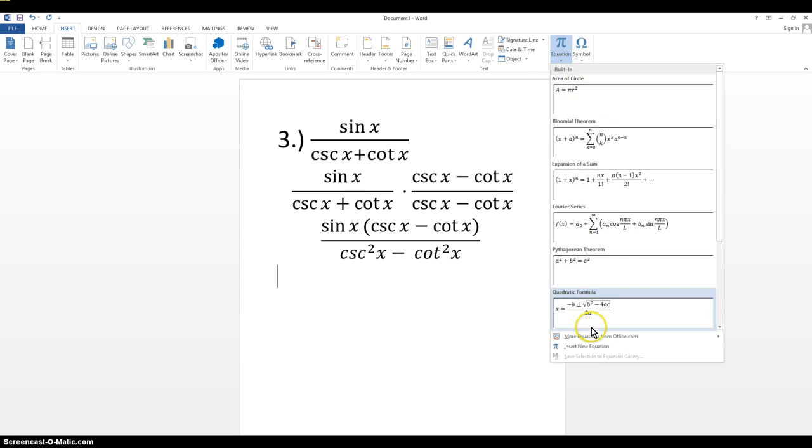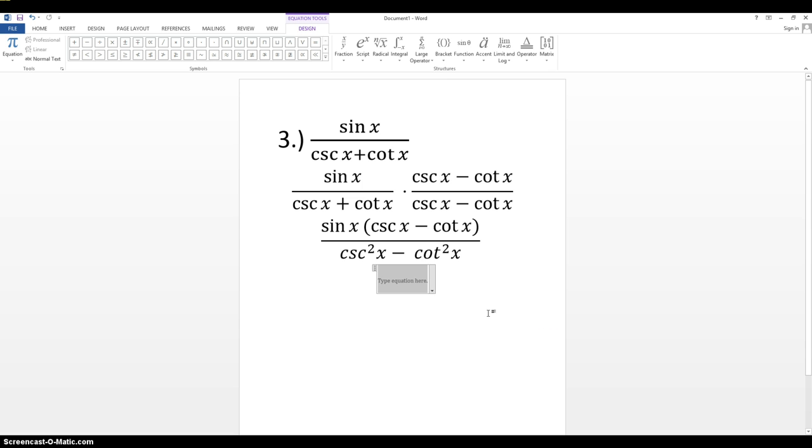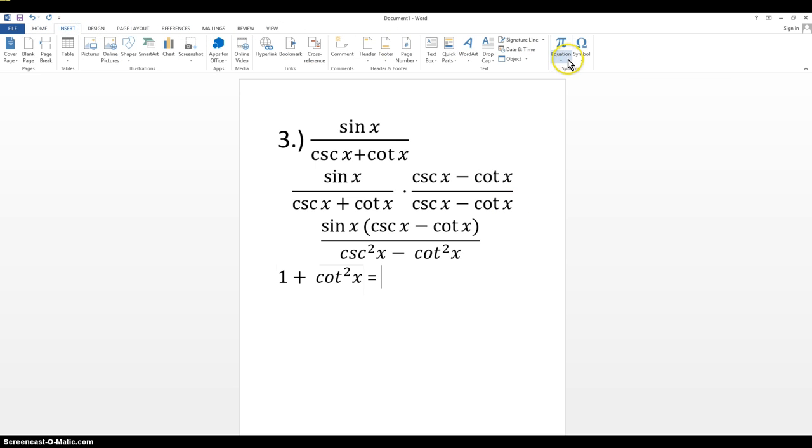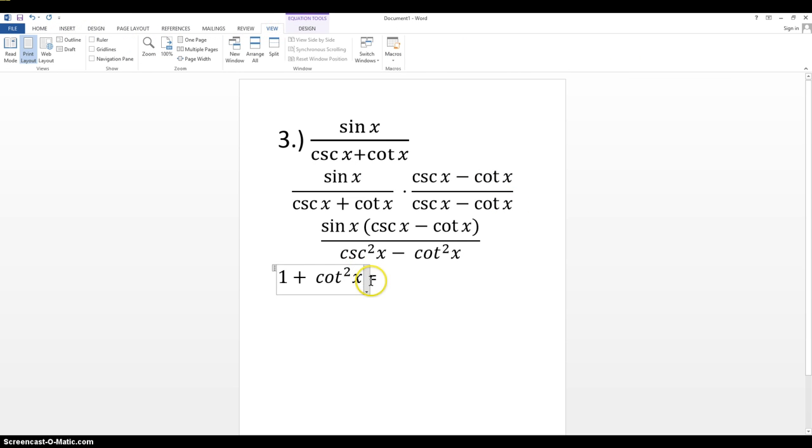If you remember, and you should remember, that Pythagorean identity is 1 plus cotangent squared theta, or x, equals cosecant squared of x.